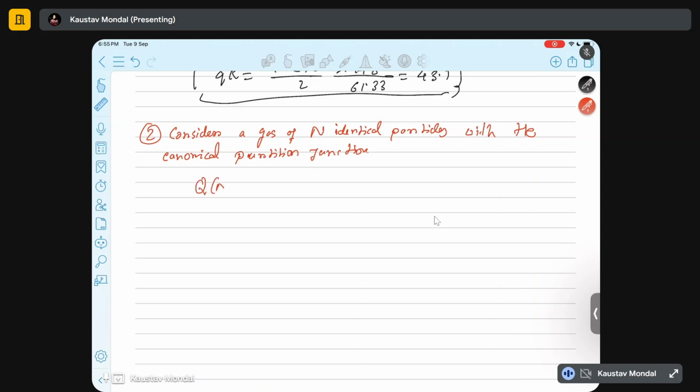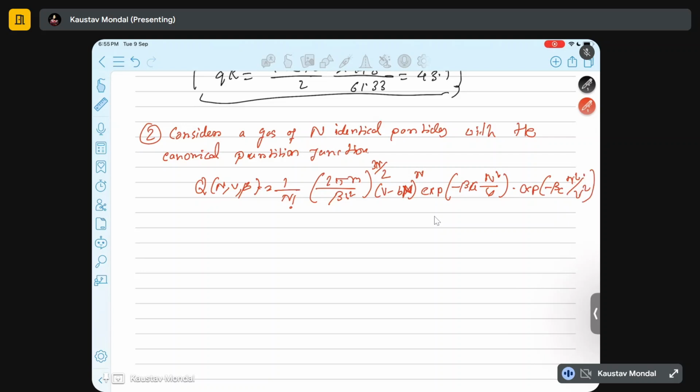So Q_N, the partition function, as a function of beta, is given by 1 by N factorial into (2 pi m by beta h square) to the power 3N by 2, into (V minus Nb) to the power N, into exponential of beta a N square by V, into exponential of beta c N cube by V square.